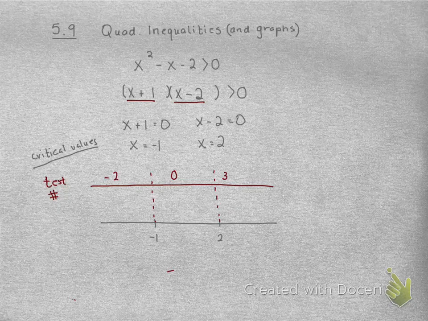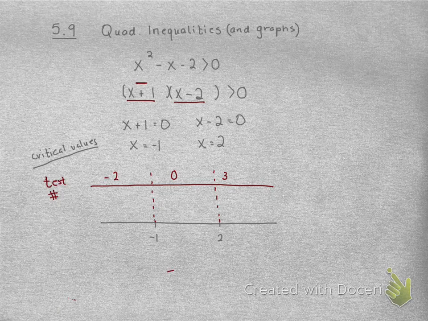So if I put a -2 into x plus 1, -2 plus 1 is a negative number. If I put a -2 into x minus 2, -2 minus 2 is another negative number. Now, multiply those two negatives together and you get a positive. So that positive symbol is going to go into my interval.